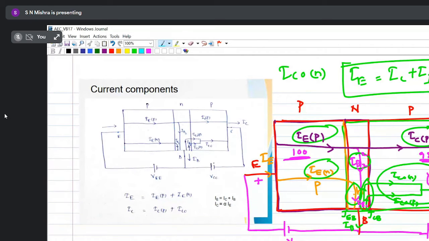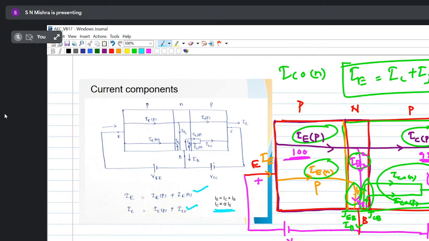Emitter current is due to hole and electron. Then base current is due to IB1, IB2 minus IB3, and collector current is due to IC due to hole plus leakage current. And total IE equals IB plus IC, and this IC equals alpha IE, just now I explained. Any doubt from this point?